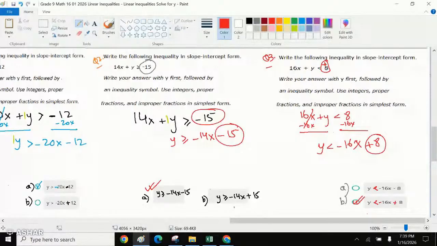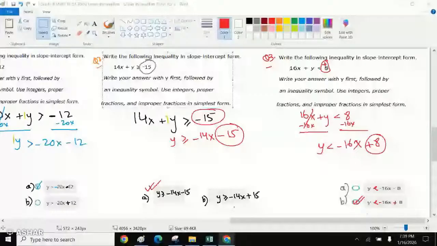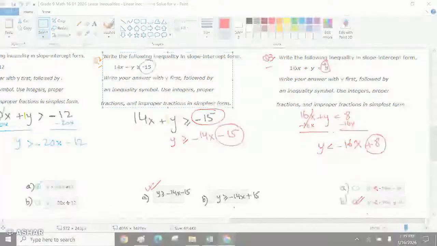Okay. Moving ahead to the next question from the test. We click on option B, and we'll have the next question on our screen. Let me just copy this.